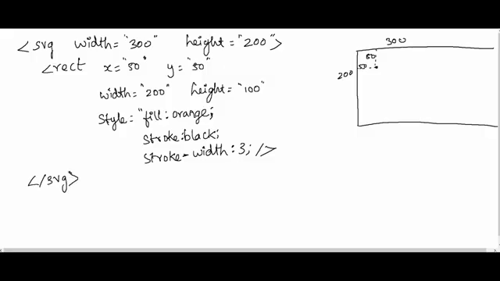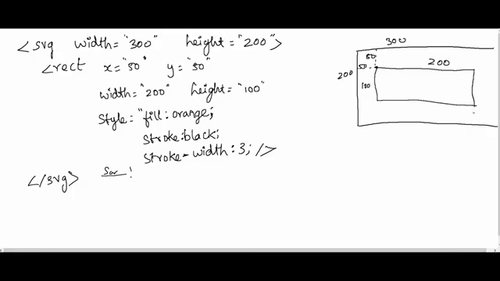Okay, if we want to write "sorry, your browser is not supporting", we can write it here. Right? When I execute this particular code, I will get this 50-50 starting point here, and it will automatically take the width of 200 pixels and the height of 100. Okay, it automatically ends according to the width and height.